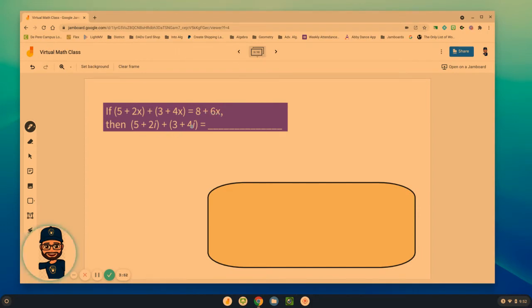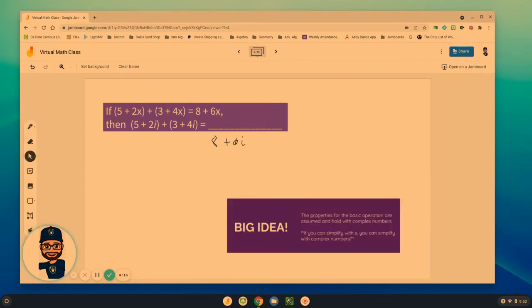What do you think that means if I'm using the complex number system? 5 plus 2i plus 3 plus 4i. Well, it's very similar in that we treat that i value almost as if it's its own variable. We can only add imaginary parts together, and we can only add real parts together.